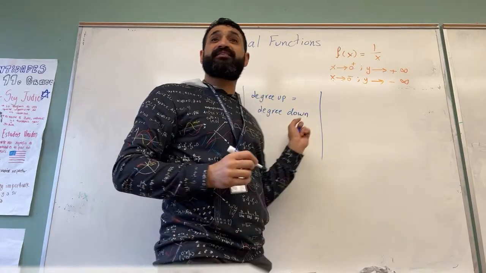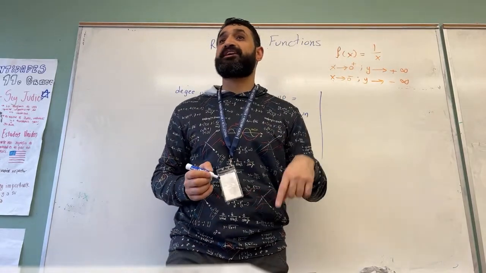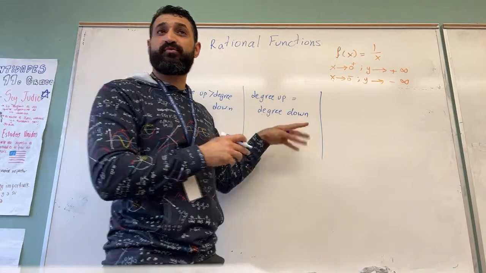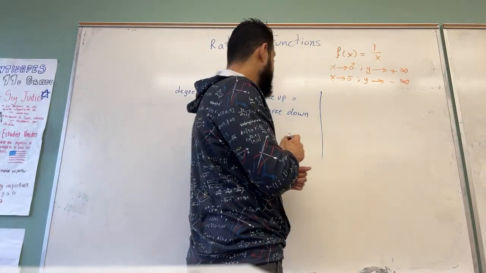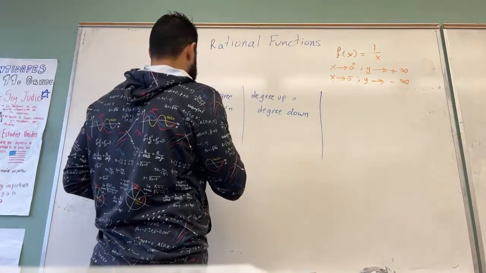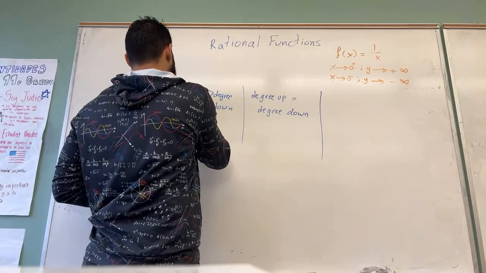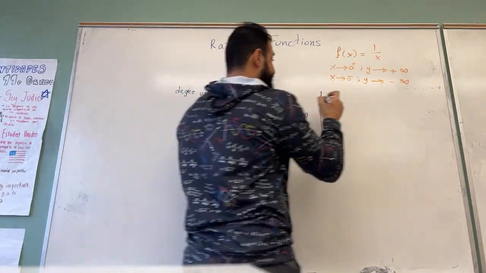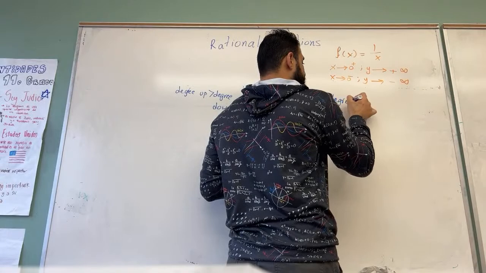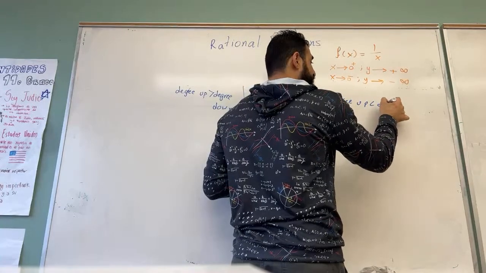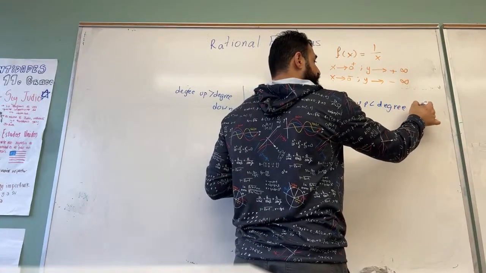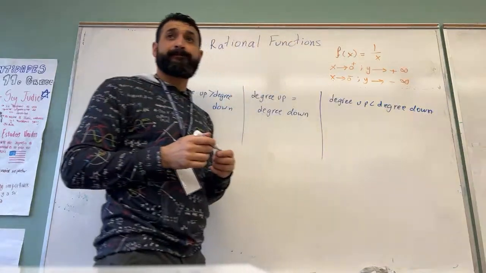Again, I'm saying up and down instead of numerator and denominator because they are long words. I don't want to write a lot. And here degree up less than degree down. Give me an example about this.